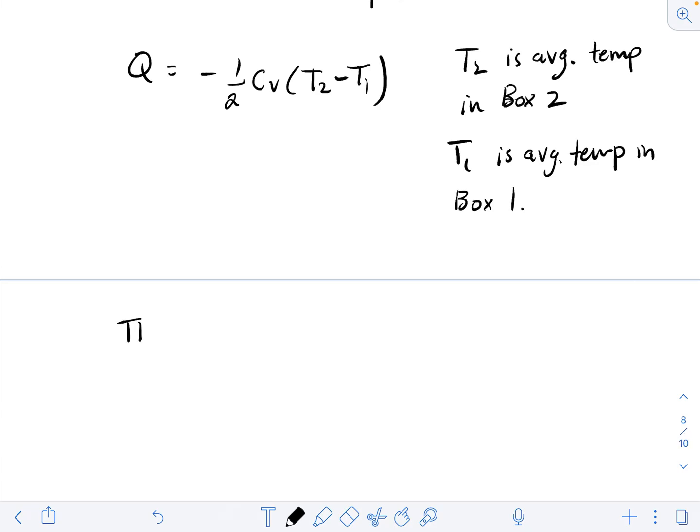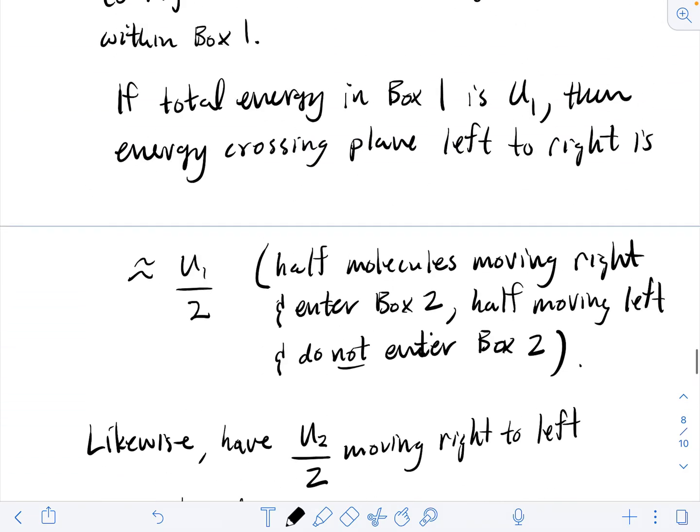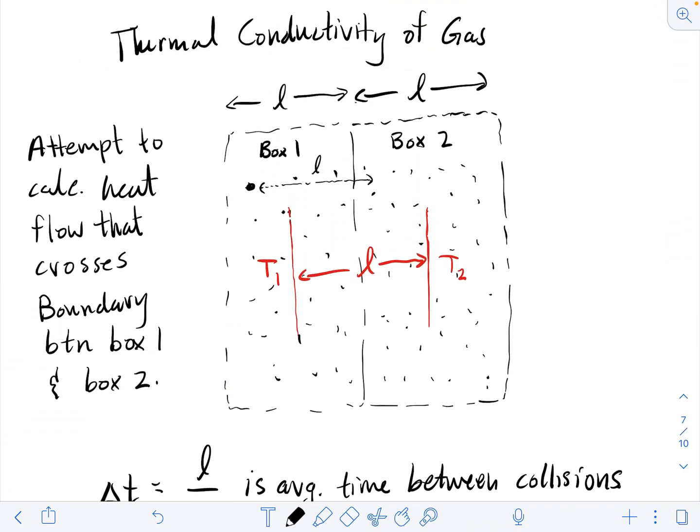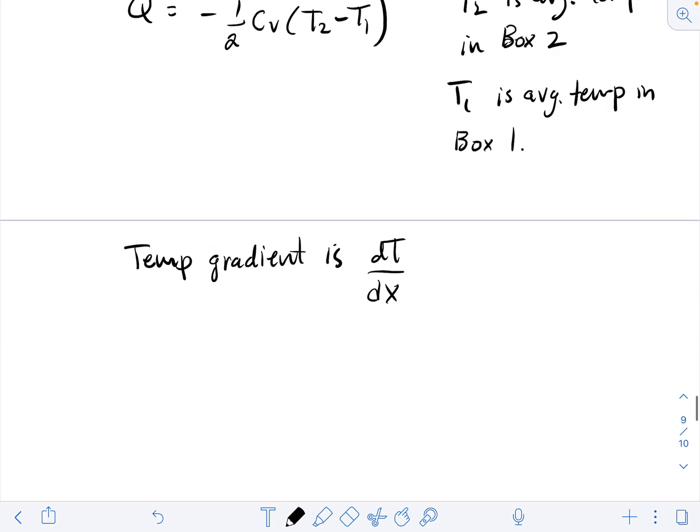Okay, the temperature gradient is dT dx. So how does the temperature change with position? If we go back and look at our original picture, our change in position between T1 and T2, our dx, is just L, a mean free path, and the change in temperature, dT, is T2 minus T1.